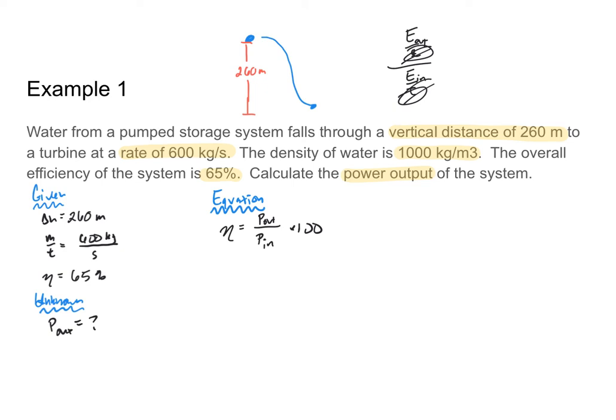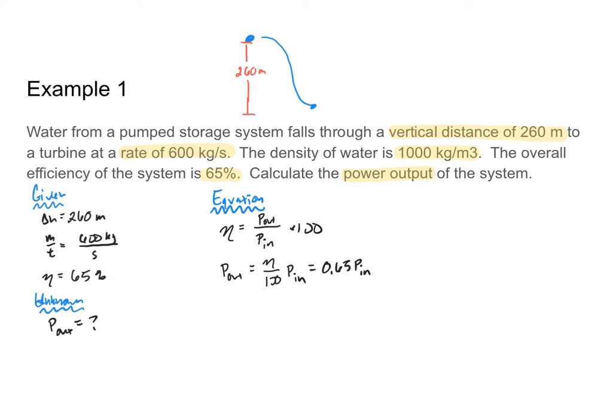Key takeaway here, guys: we can use power and energy interchangeably when we're talking about efficiency. So with that, I know that my power output is going to be eta over 100 times my power in, or 0.65 times my input power.